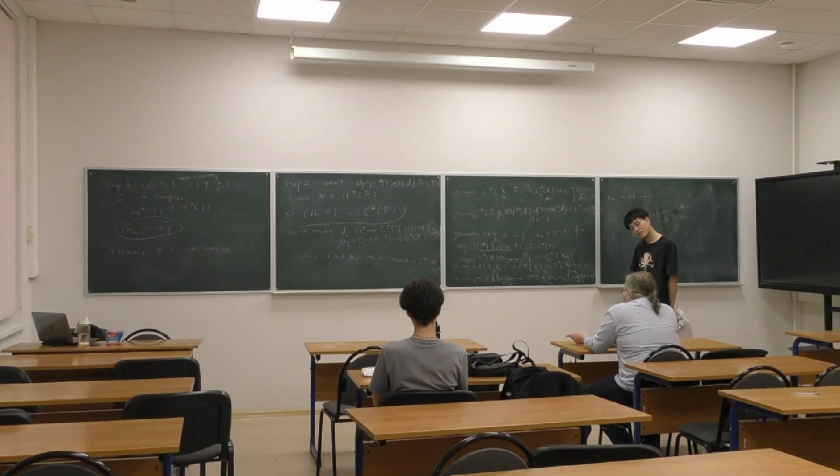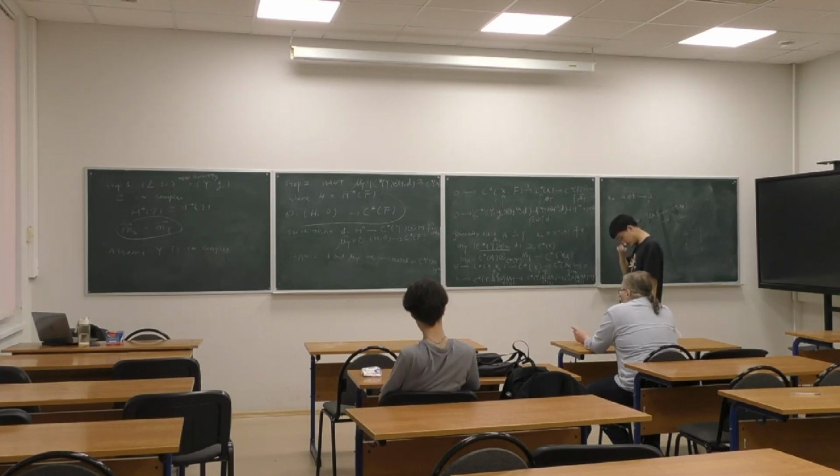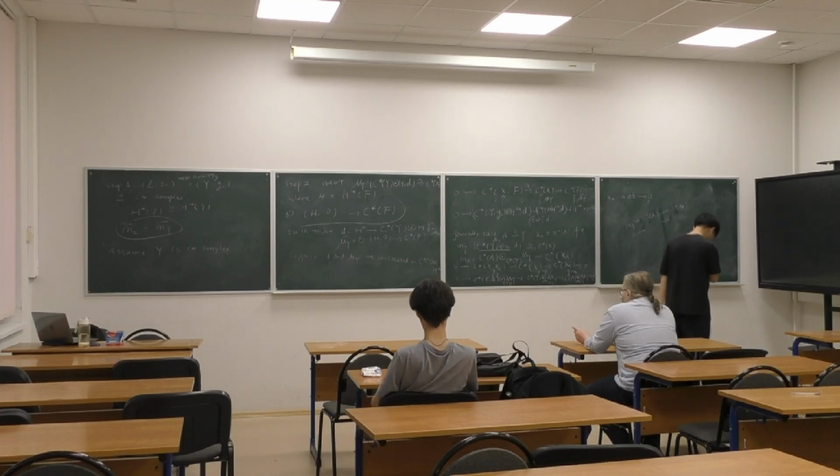So the arrow on the left is similar, except instead of taking the product in XA at the end, we take the product C of x comma XA, tensor C of x goes to C of x comma XA.